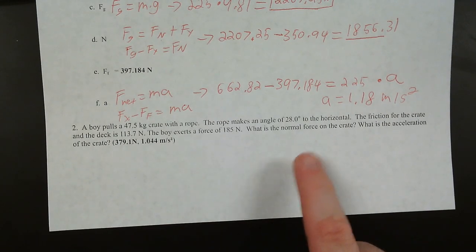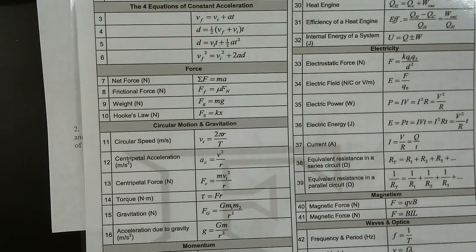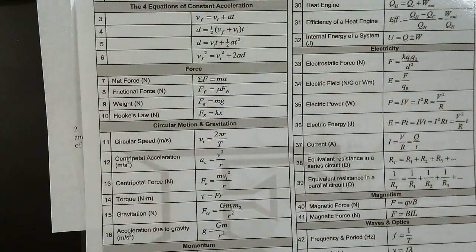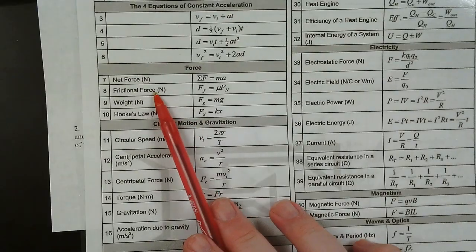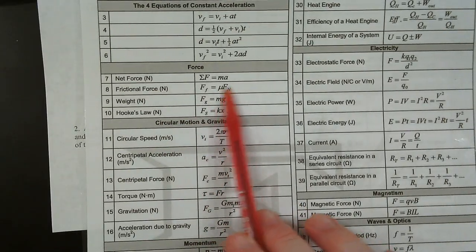Alright, so if I'm looking for the normal force first, I'm probably going to want to pick a formula that has normal force in it. Remember, unless the formula is on your formula sheet, you're going to have to use your free body diagram. Normal force does not have its own formula. There is the friction formula that has normal force in it, but we haven't talked about this yet, so you can't use that yet.